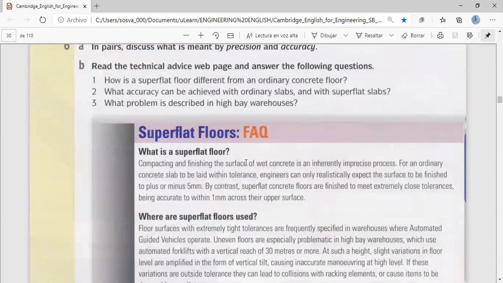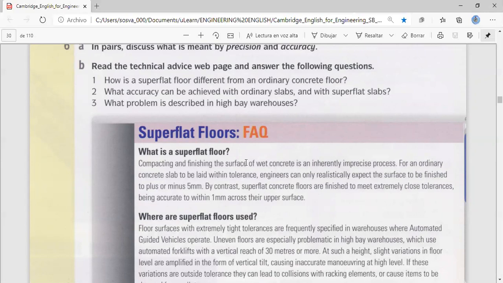So in the second exercise, letter B, we have to read the technical advice web page and answer the following 3 questions. Could you please help me by reading the 1, 2, 3 questions, please? Read the technical advice web page and answer the following questions.